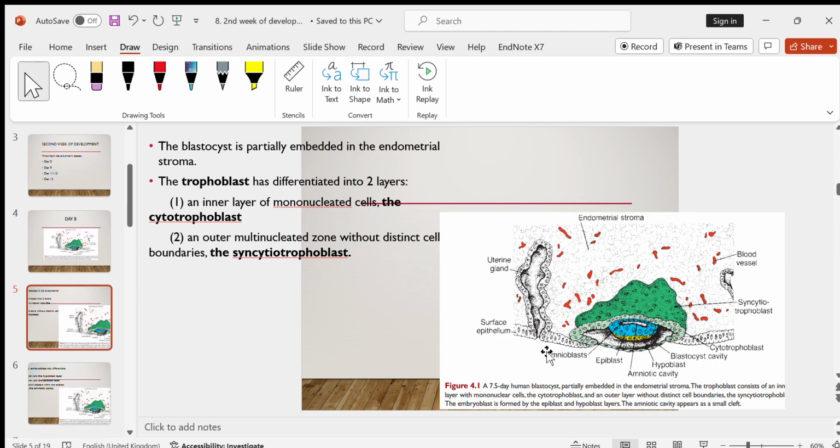What happens on day 8? Day 8 is the time when the blastocyst is just partially embedded in the endometrial stroma. Now, as I've told you before, there are two layers, the trophoblast and the embryoblast. The trophoblast is differentiated into two layers. A cytotrophoblast, as you can see, this dirty green color cells. This is the cytotrophoblast, and it has a single layer of mononucleated cells.